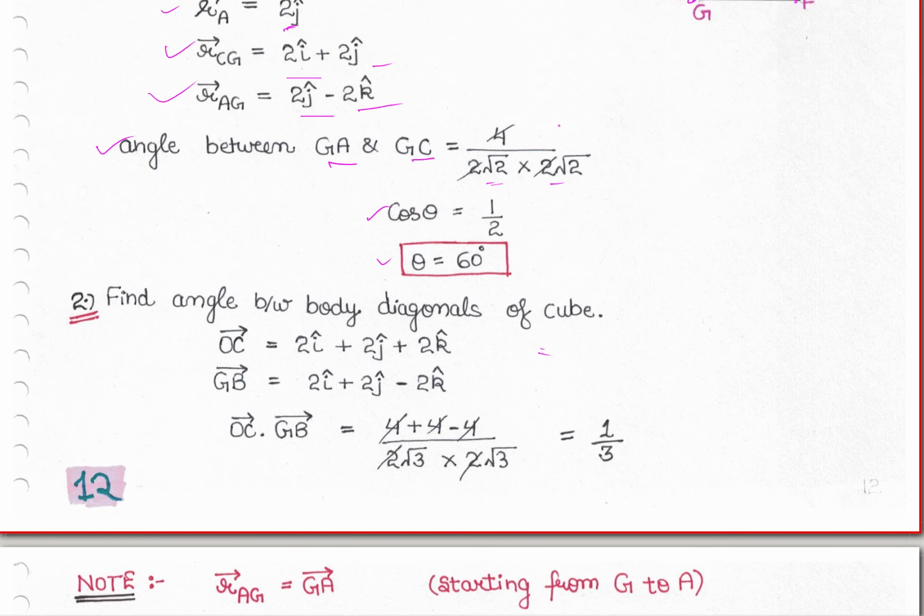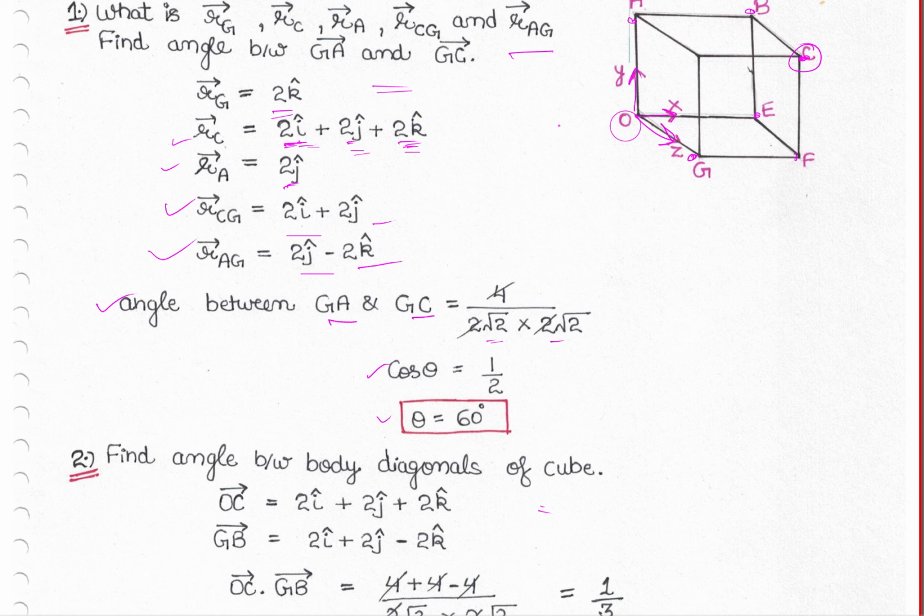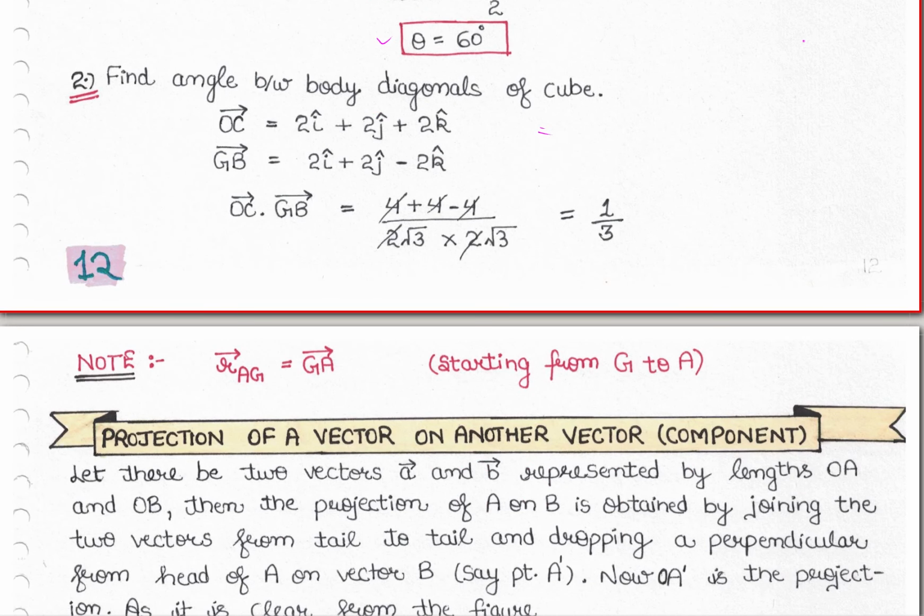If we look at the body diagonals, we can easily find OC is equal to 2 i cap plus 2 j cap plus 2 k cap, and GB is equal to 2 i cap plus 2 j cap minus 2 k cap. So OC dot GB is equal to 1 by 3. Here we can see that RAG is equal to GA, which is starting from G to A.